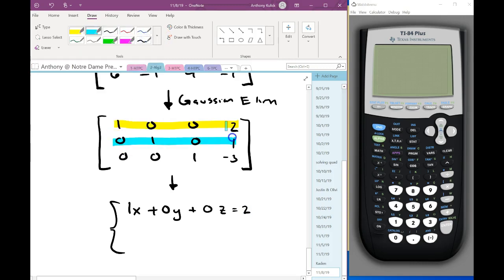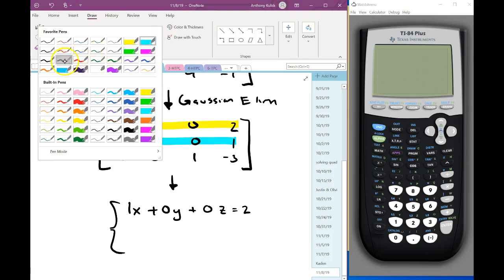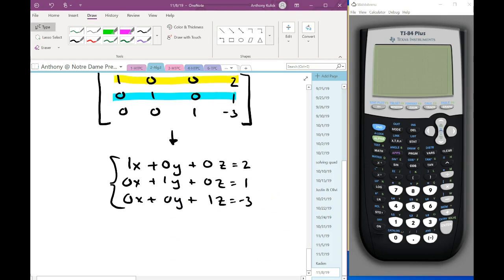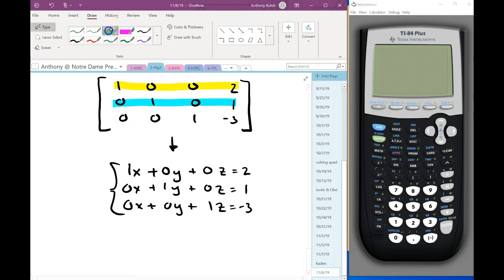The next row says that 0x plus 1y plus 0z is equal to 1. And then the last row says 0x plus 0y plus 1z is equal to negative 3. Everybody okay with how I've interpreted that matrix into that system? Everybody good? Leslie?